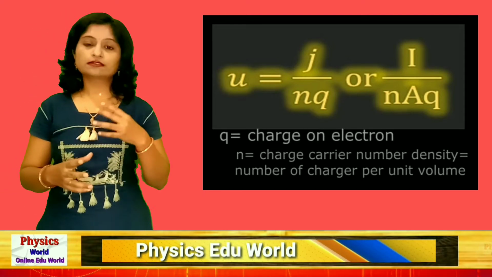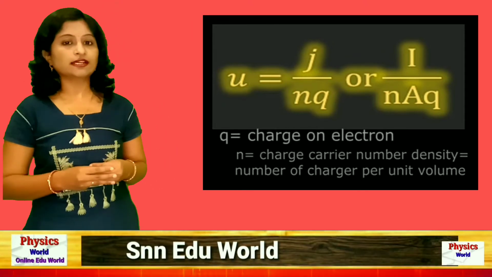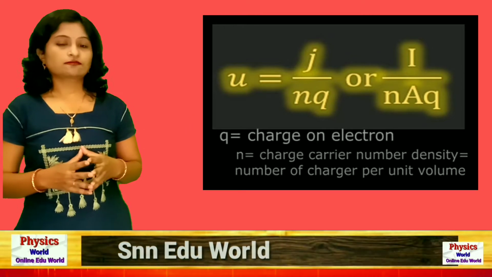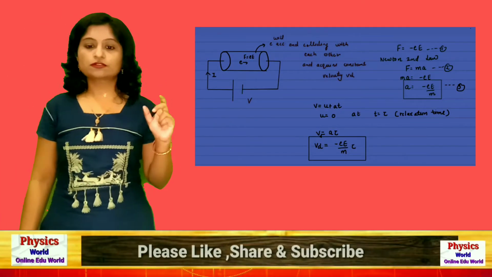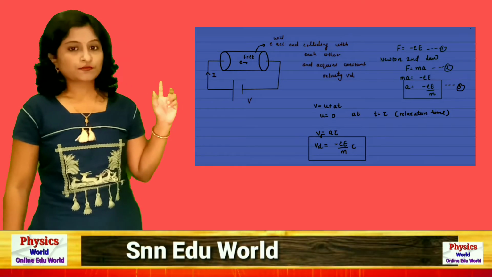Okay, so we will further introduce some examples or some equations regarding the drift velocity. First we'll move towards the next one, the expression for drift velocity. Now observe here, this diagram shows the same condition as I explained earlier.